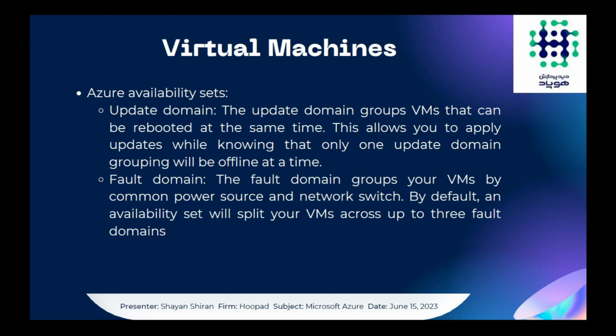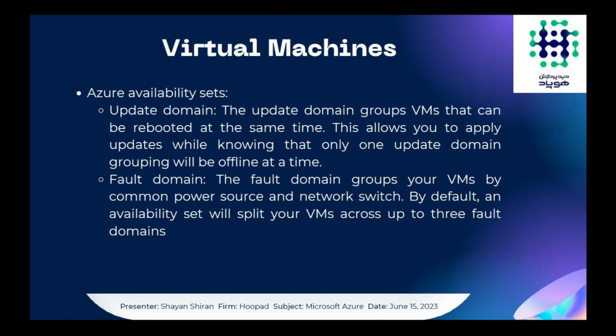They want to prevent the downtime of the applications and the risk of downtime by making sure that other resources, other VMs, are up and running. For example, if a network outage occurs, the availability sets make sure that we have other VMs to replace the one that has gone down.